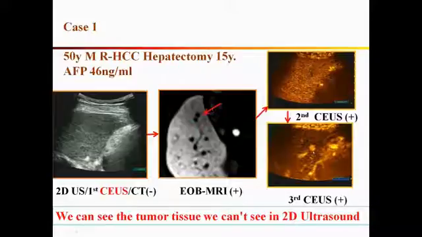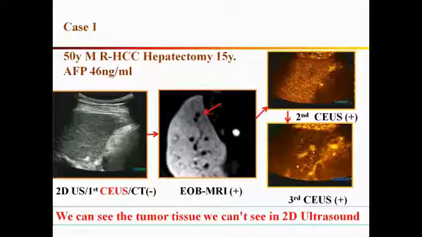So according to the MRI, I did a second contrast ultrasound for the patient. In the portal phase, I noted a low enhancement area here. I think it may be the washout area of the tumor. So I gave the patient the contrast ultrasound and observed fast here in the artery phase, high enhancement.